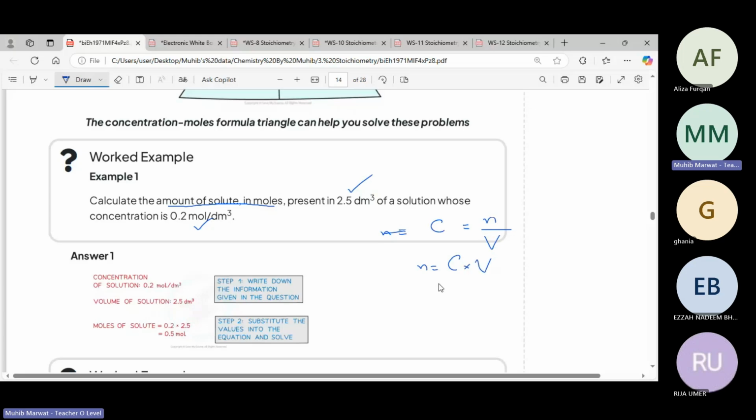The concentration is 0.2 moles per dm cube and the volume is 2.5 dm cube. So you will just have to multiply and you will get the answer. Is it clear? Now these are the simple questions.